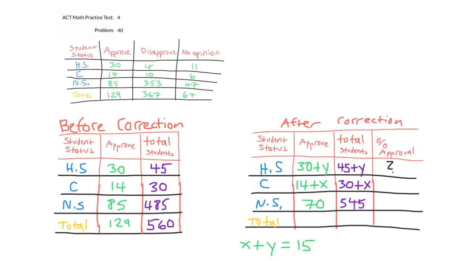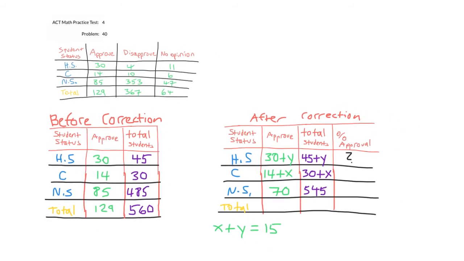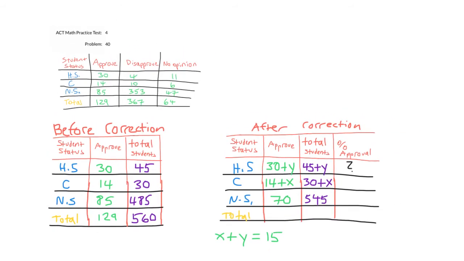After having made the table, it's a little bit easier to see what needs to be done now. We know that 14 plus x of 30 plus x, this total amount of college students, is going to be 60%. So we could set up a proportion, and in doing so, we could figure out what x is.